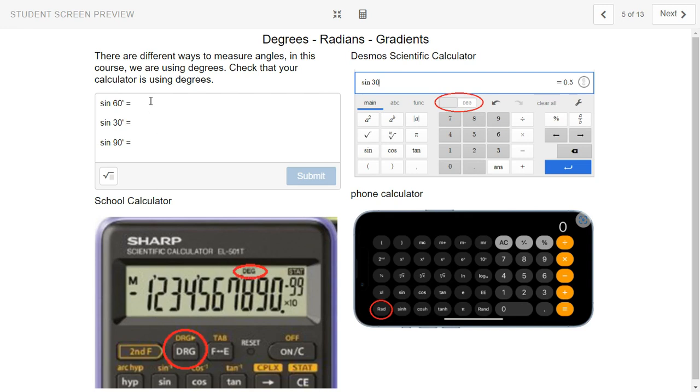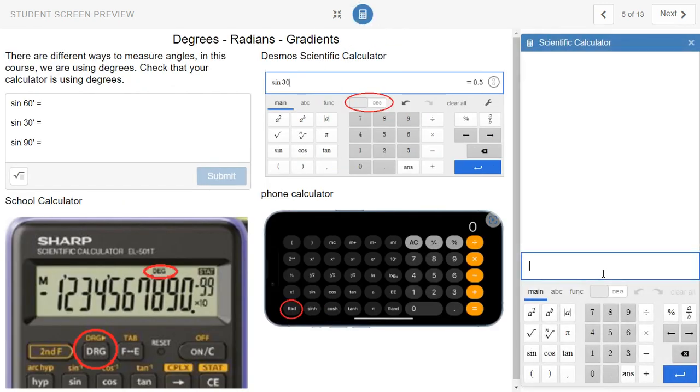Now, to make sure you are in degrees, I'm going to calculate these three, and I want you to try it on your calculator to see whether you get the same answers. In the Desmos scientific calculator, we would type in sine 60. Since I know I'm in degrees, I get the decimal value of 0.866.